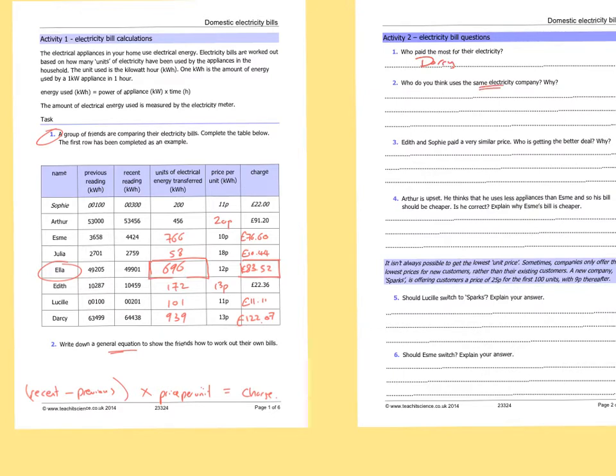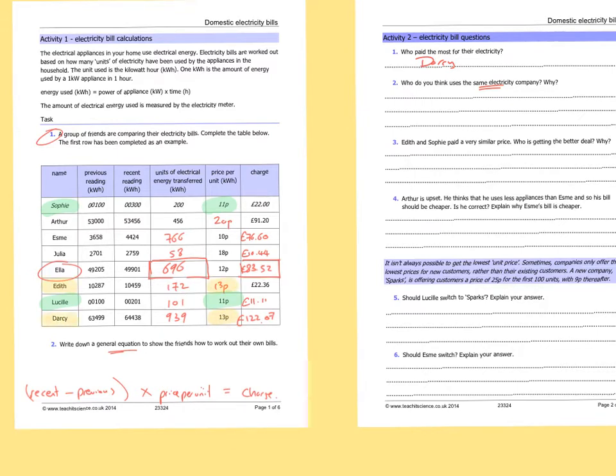The same electricity company doesn't come down to how much you're paying, it comes down to how much you're paying per unit. So for example, we've got 11 pence per unit here and here, so Lucille and Sophie are probably with the same company, but we've also got 13 pence per unit here and 13 pence per unit here if you calculate it correctly.